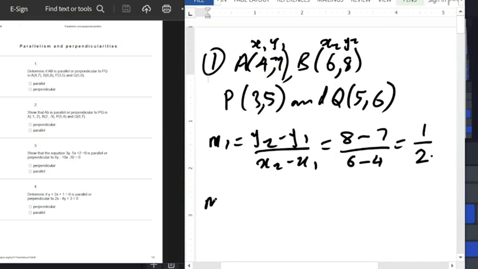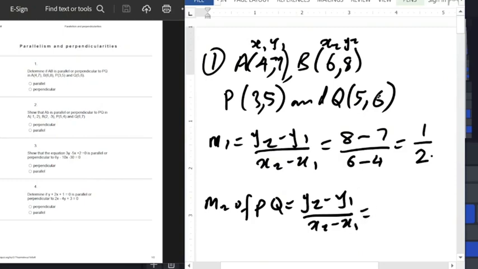Then M2 of PQ equals Y2 minus Y1 all over X2 minus X1. So here is Y2, X2, then X1, Y1. So we have 6 minus 5 all over 5 minus 3, which is 1 over 2.